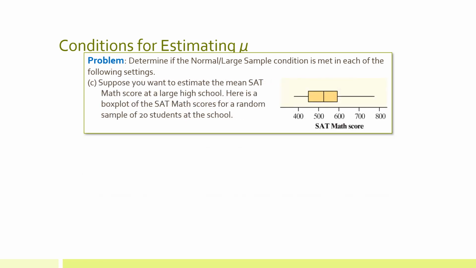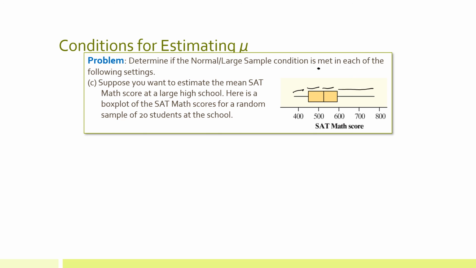Last one for today. Suppose you want to estimate the mean SAT math score at a large high school. Here's a box plot of the SAT math scores for a random sample of 20 students at the school. So 20 is less than 30, and I need to look at this distribution. It's kind of hard to tell from a box plot, but I'm assuming that it's unimodal, so that's a little bit of an assumption. But remember, this is 25% of the data, 25%, 25%, and 25%.